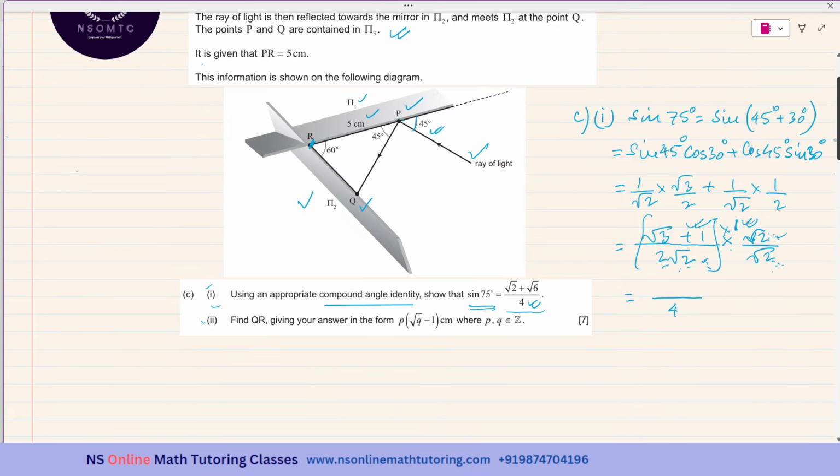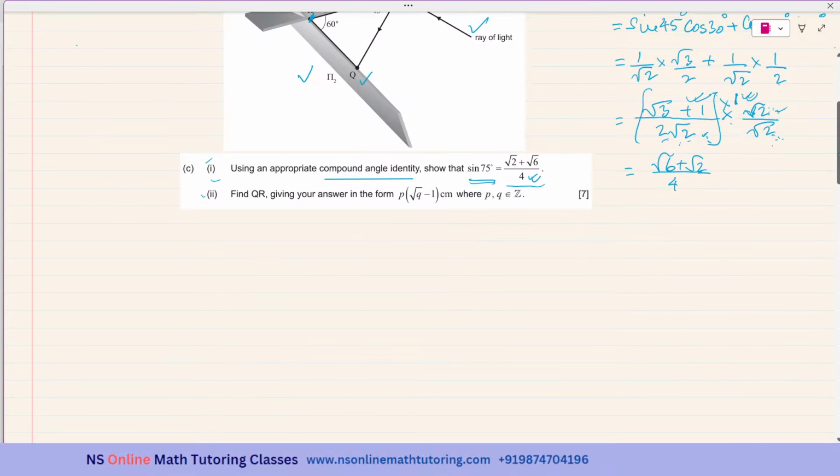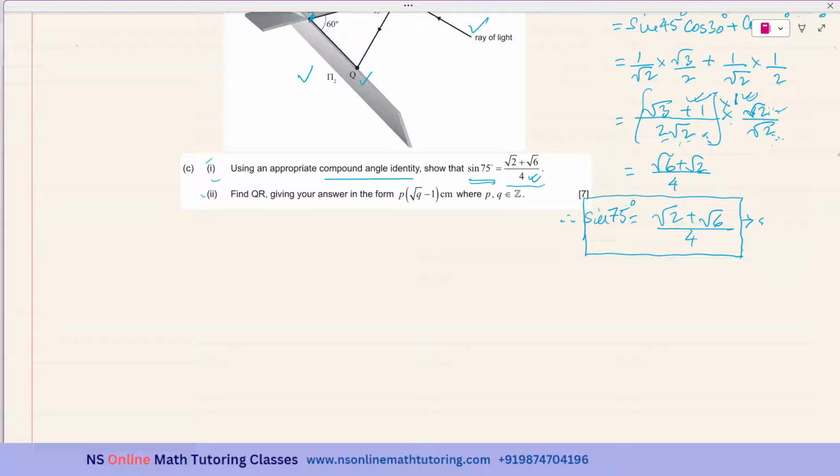Root 3 times root 2 is root 6, plus 1 times root 2 is root 2. They have written root 2 first, so I can write root 2 first. Therefore sine 75 degrees is equal to this. Shown.